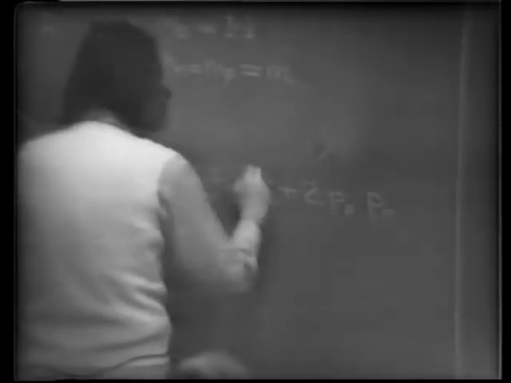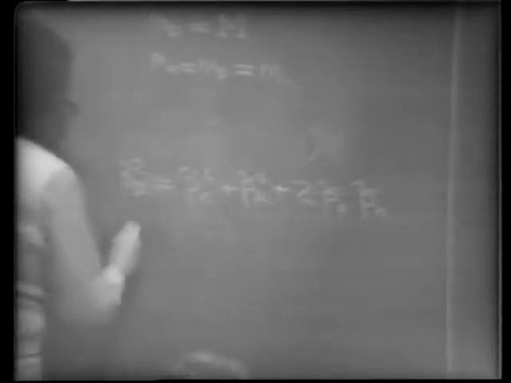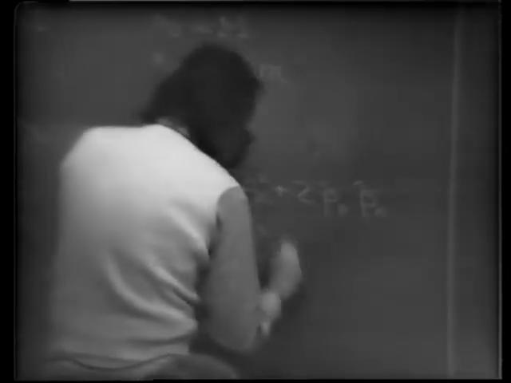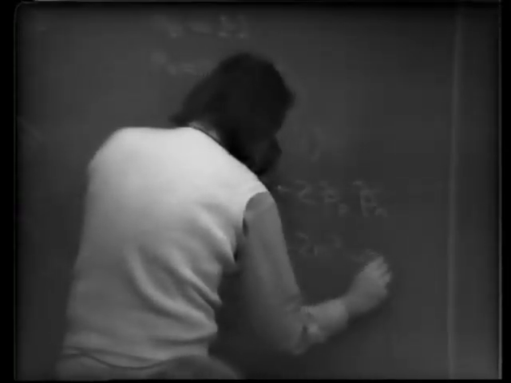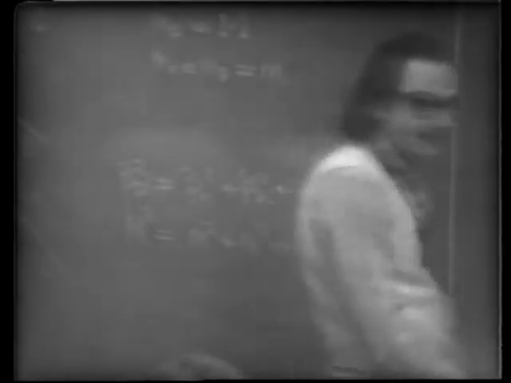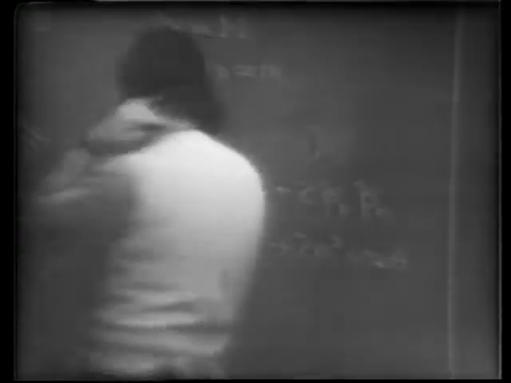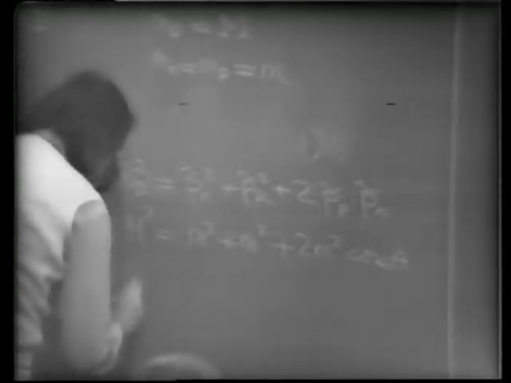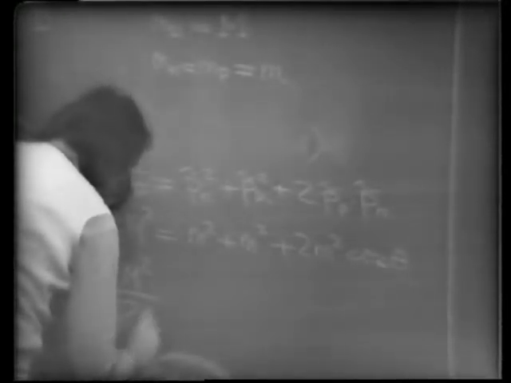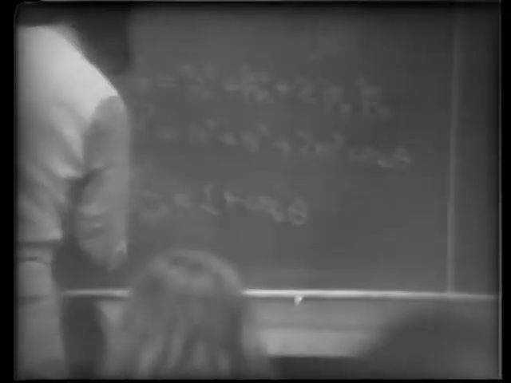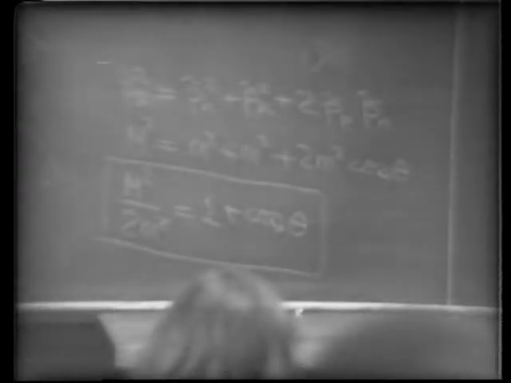And those should all, of course, be twiddled, since we're in the pseudo-Euclidean region. This is m squared plus m squared plus 2m squared cosine theta. Thus we deduce the angle theta. The angle theta is given by M squared over 2m squared equals 1 plus cosine theta. That's the first part of our geometrical exercise. The angle theta is fixed.